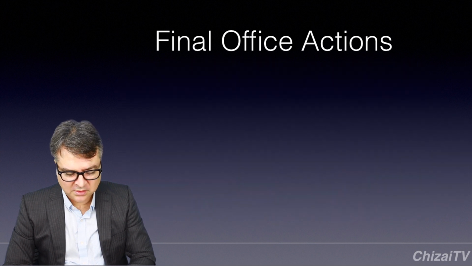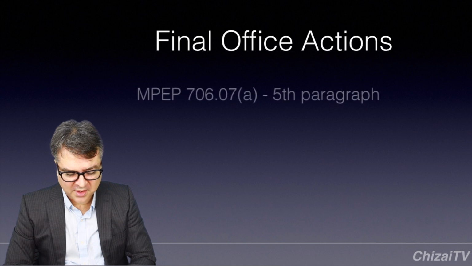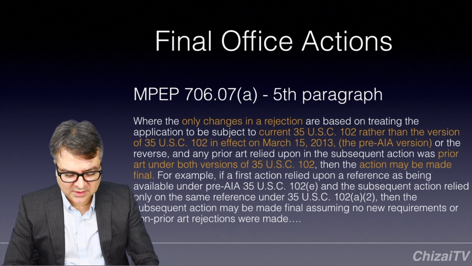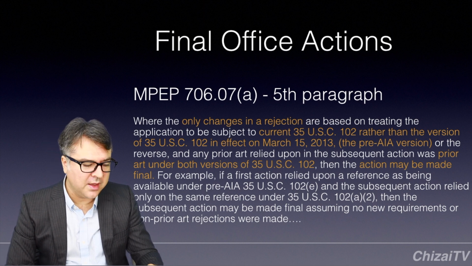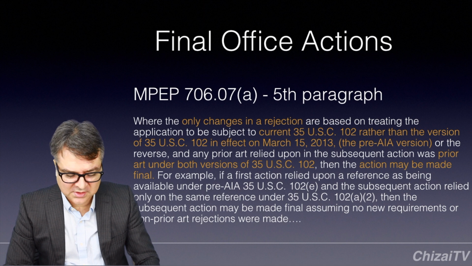All right, so let's go to the final paragraph that we're going to discuss, paragraph 5 here. Paragraph 5 relates to 35 USC 102 pre-AIA and AIA differences.